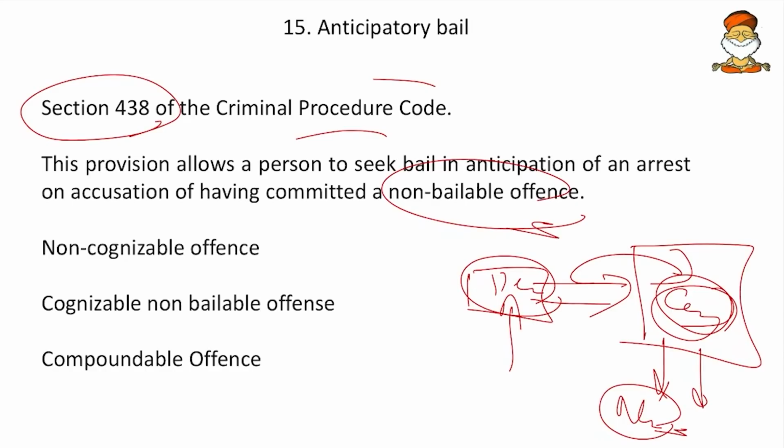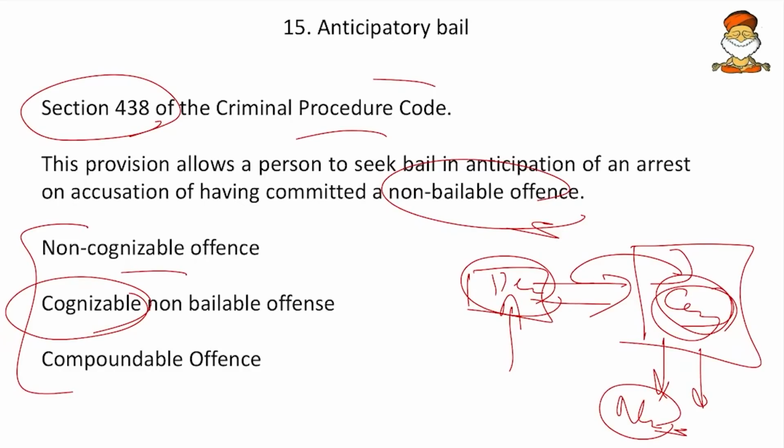Okay. So here we have some of the offenses. One is non-cognizable offenses. Non-cognizable offenses means those which are not serious and the executive need not take them so seriously. Here it is like some petty cases and others. Then cognizable offenses means some serious offense which the state has to take seriously.